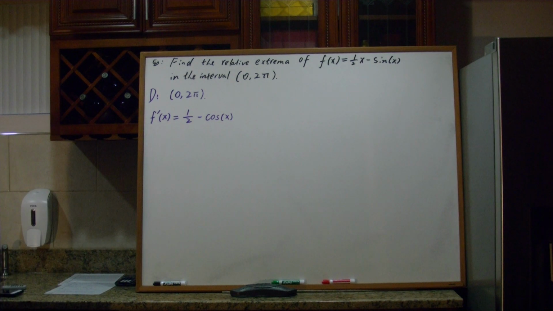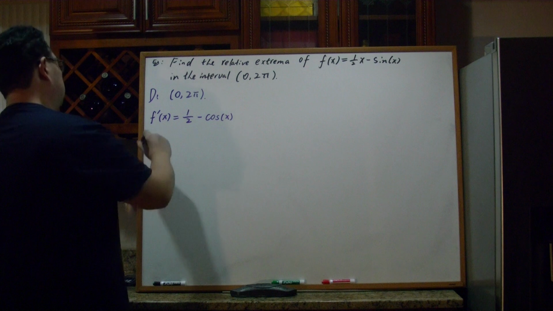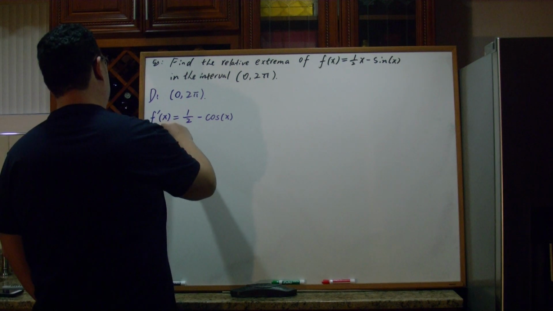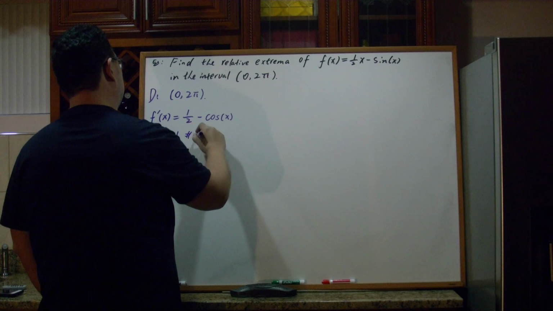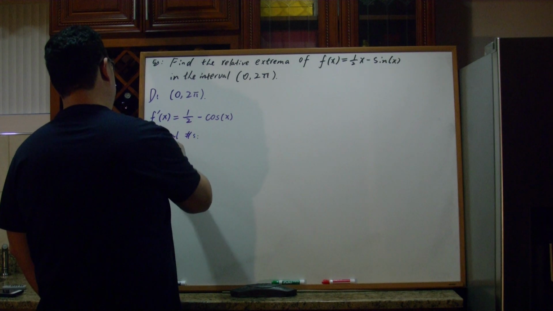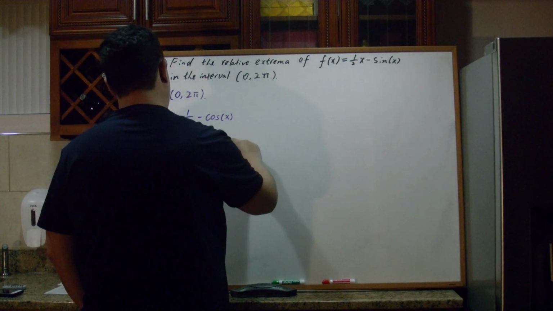Then the official step to find the critical numbers: we look for where f prime of x equals 0 or f prime of x is undefined.